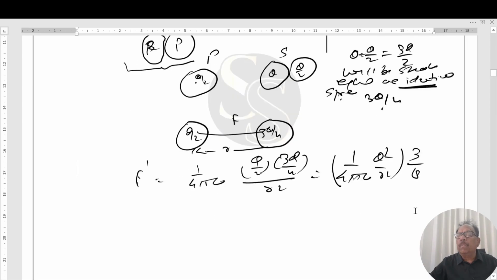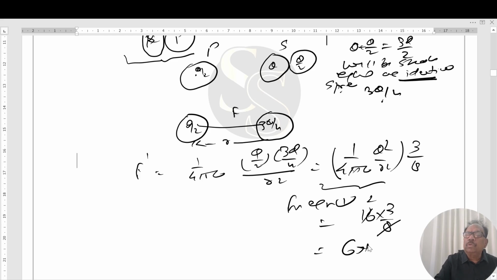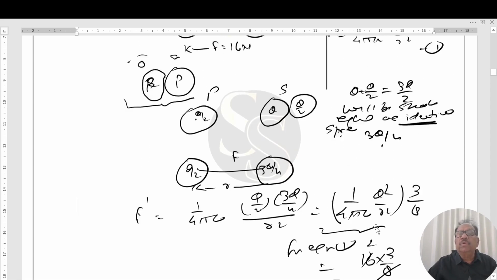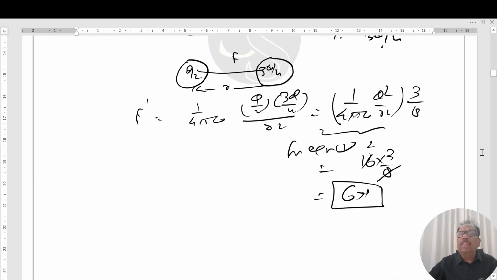From equation 1, we get 16 into 3 by 8, that is 6 Newton. That is, the force of repulsion will be there and that will be 6 Newton. That is the D option. Now I will repeat it again. Option D is correct.